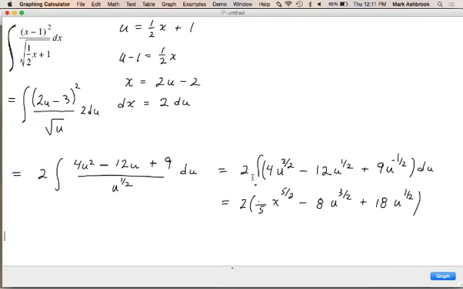I just kept the 2 out of the whole thing. So it should be 8, because 5/2 times 8/5 is 4.